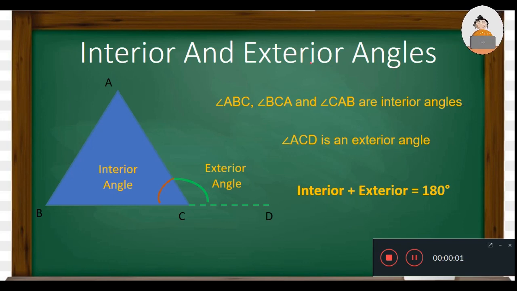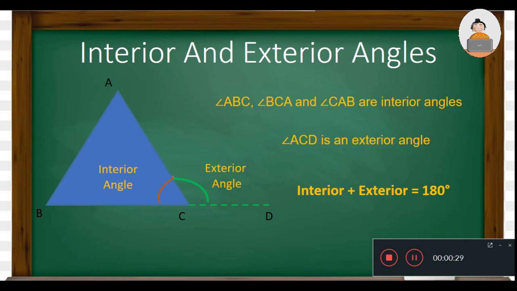Next we will discuss the interior and exterior angles. What is the difference between these two angles? As you can see in the figure, I have taken a triangle and I have marked the interior part of the triangle in blue color, and I have extended a dotted line through the side BC of the triangle.